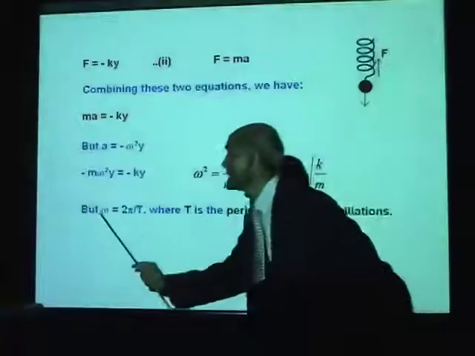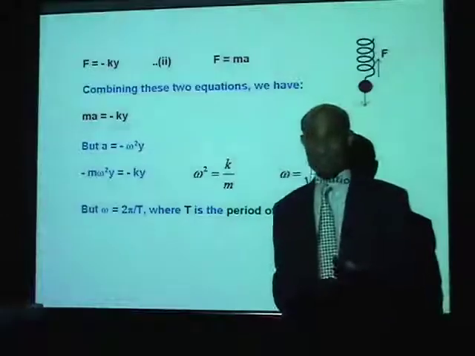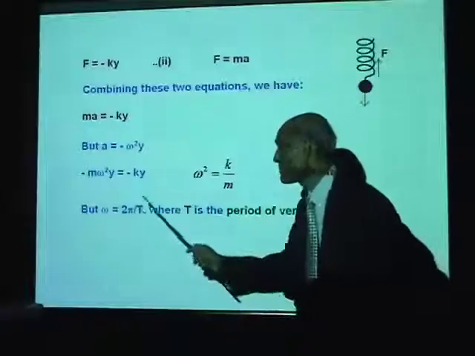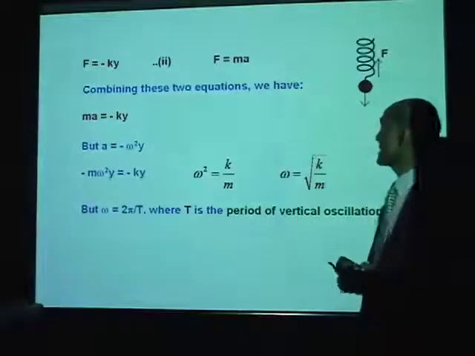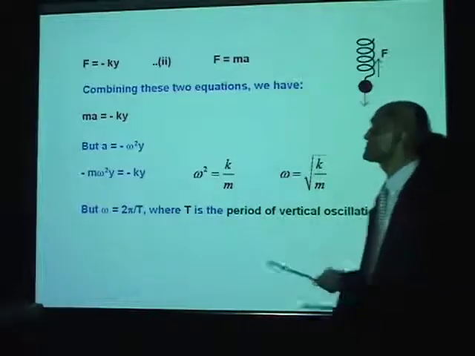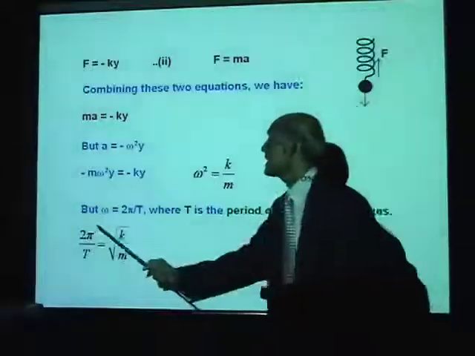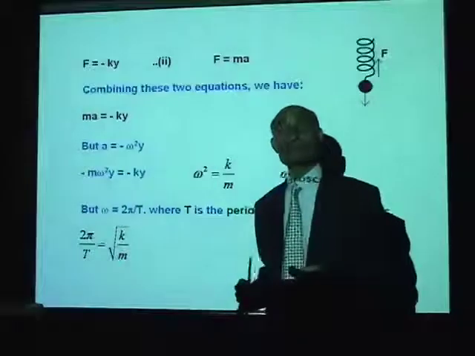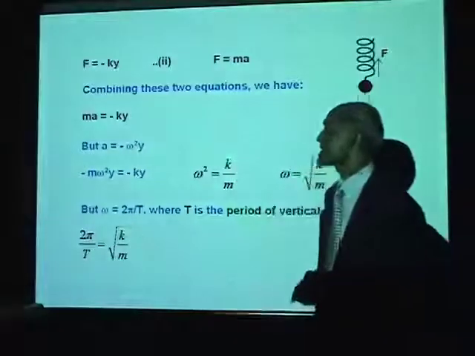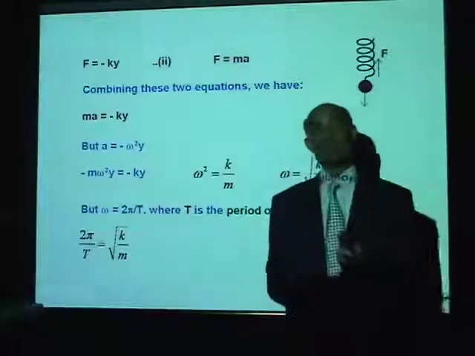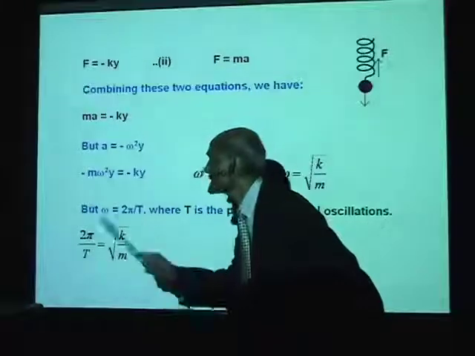Okay, but omega equal to 2 pi divided by T. I hope you remember that one. So let's replace that omega by 2 pi over T, where T is the period. So what does our equation become? In place of omega, I have 2 pi divided by T, the period. So 2 pi divided by the period equal to square root of k over m. Can you solve this equation for T, the period?